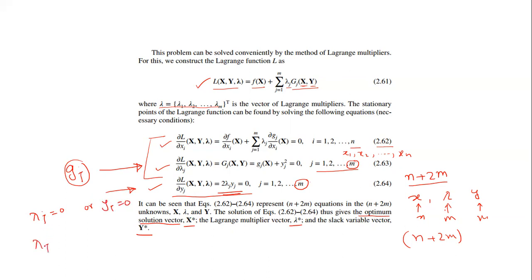Once lambda_j is equal to 0, that particular constraint is not active, or inactive. Where y_j is equal to 0, the summation of y_j and g_j has to be equal to 0, so g_j will be 0. These are active constraints.